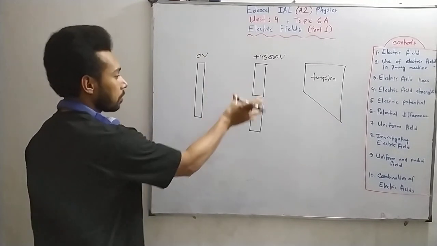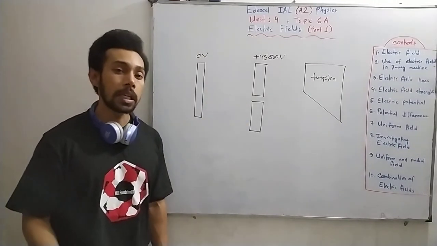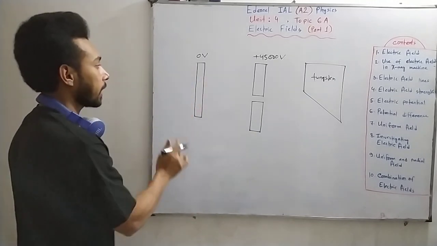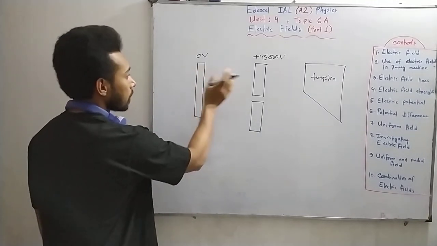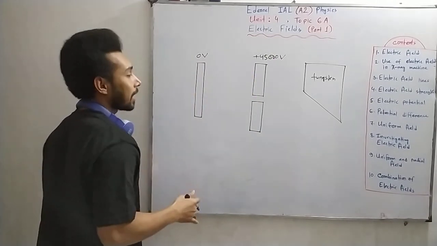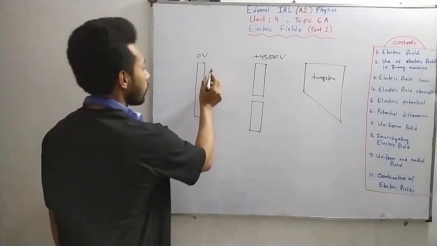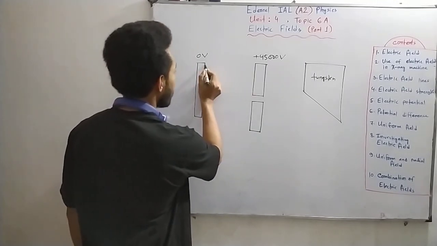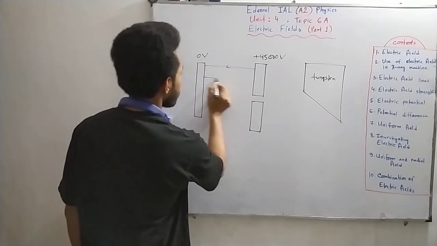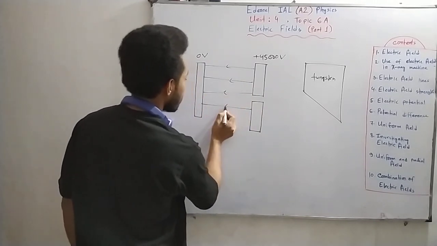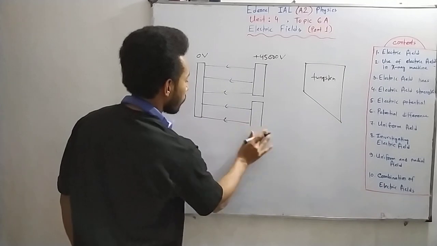In this machine, electrons are released by thermionic emission from the cathode, and since these two plates are at different electrical potential, there will be an electric field between them, and this field is a uniform field.